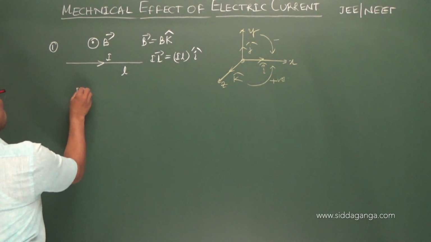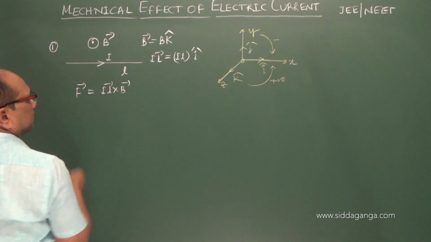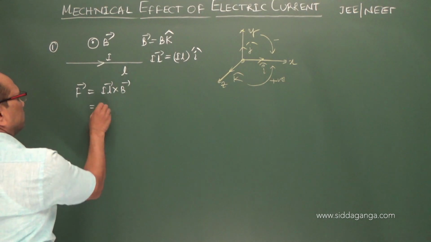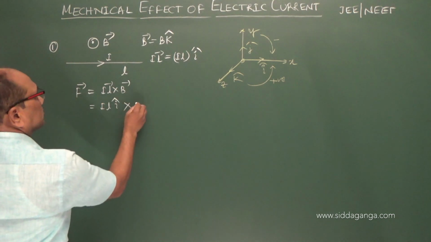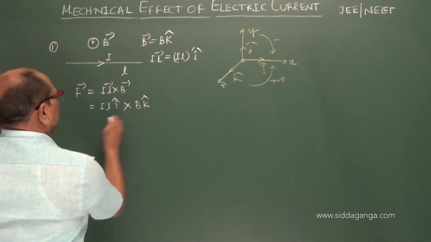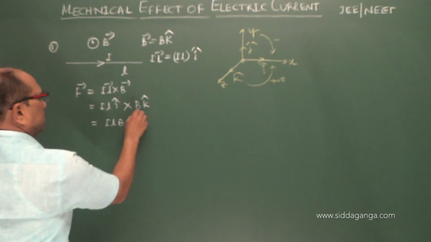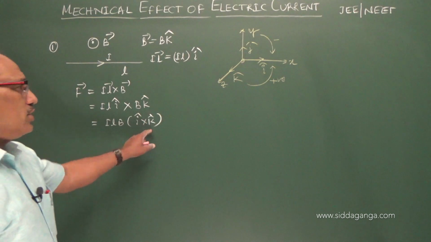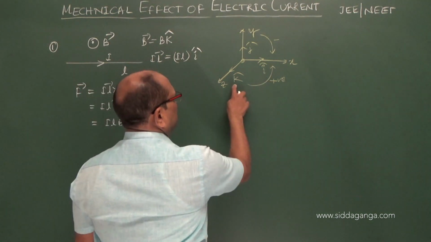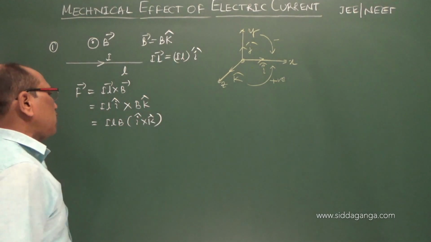What is the force you are experiencing? IL cross B. In this case, IL I cross BK. This I can write as ILB into I cross K. I cross K is clockwise. Clockwise means J comes negative.